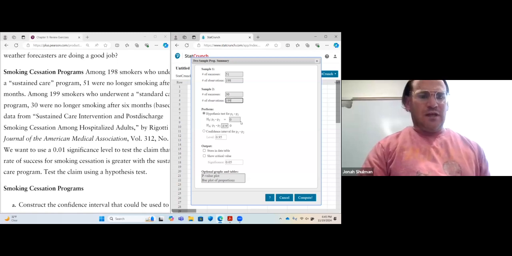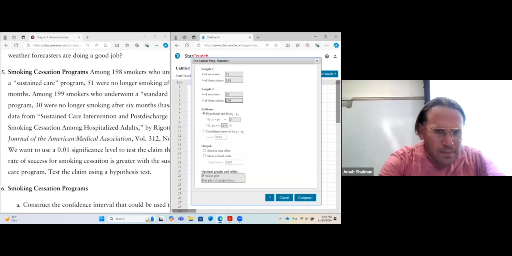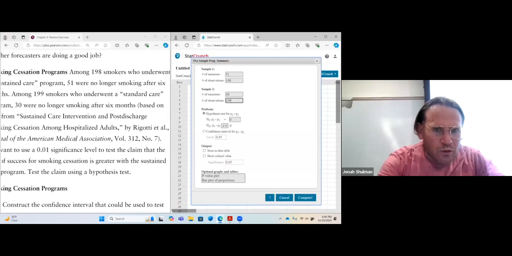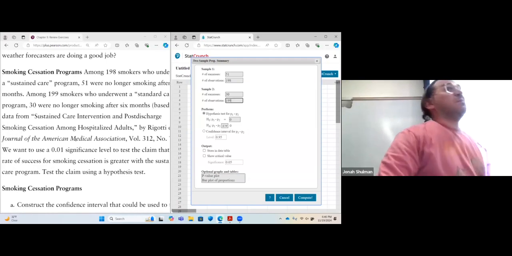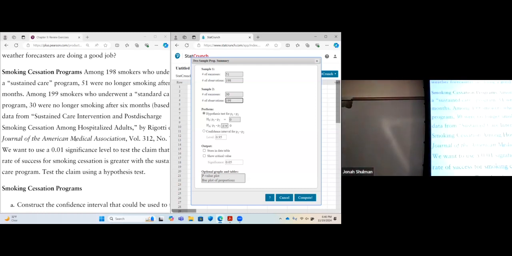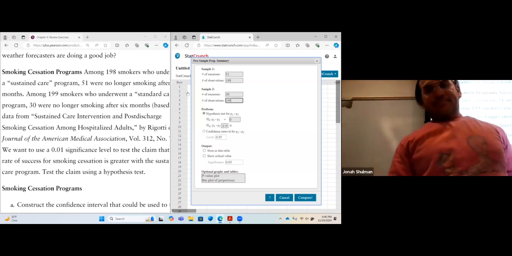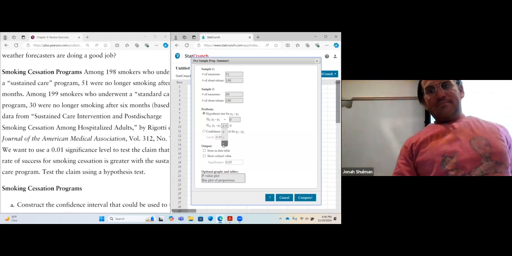That'd be no difference. Which one do we want to say is better? We want to say that the first one is better, that it's going to have a higher rate. So is this going to be greater or less than? Why are you going greater? Because with P1 minus P2, we want P1 to be greater, so a positive number.